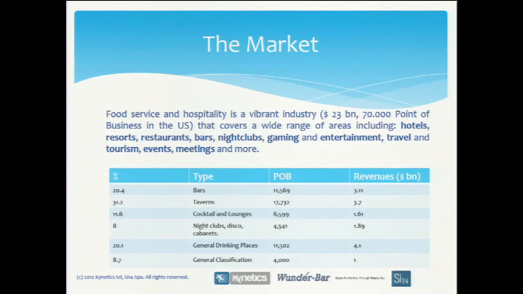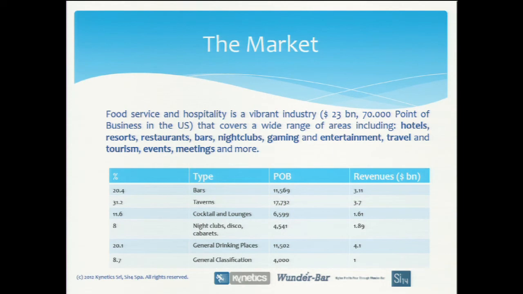It's very interesting to go through the potential market of this kind of product. The food service and hospitality industry is a huge industry. Some numbers: $23 billion of revenues for 70,000 points of business.